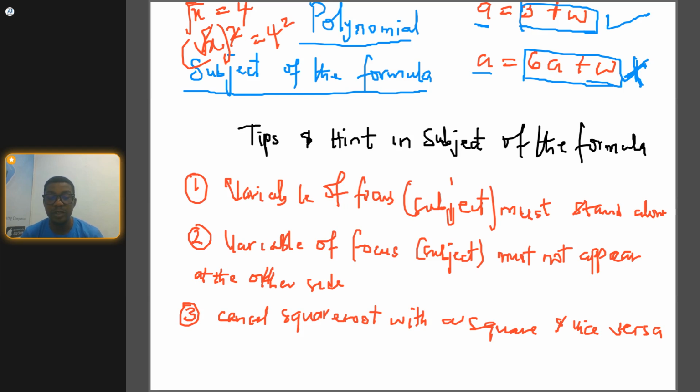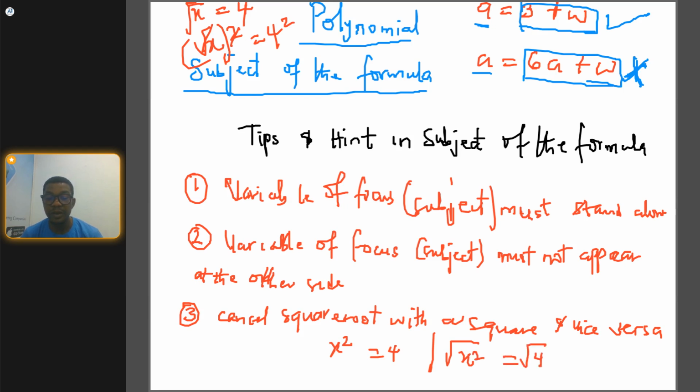I said you cancel a square root with a square. When we start solving, we are going to come across questions like that. If x squared equals 4, how do you get the value of x? You take the square root of both sides. I'm just citing an example. You say the square root of x squared, then another square root for 4.